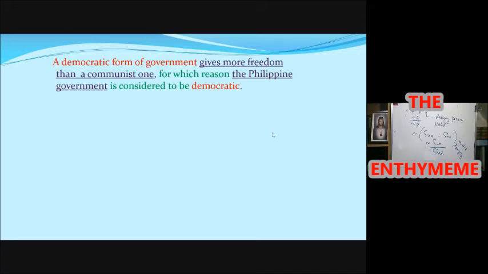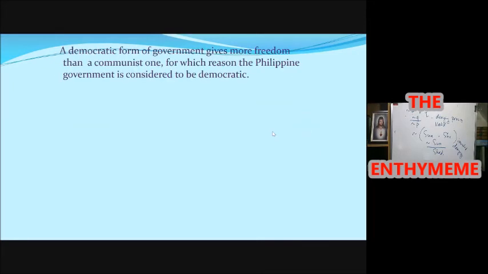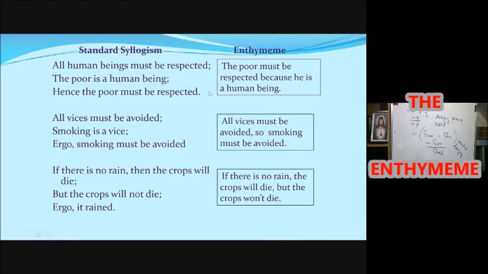We go back to this example here. So you have the standard syllogism: human beings, poor, respected, expected. Every term is mentioned twice. Even in a hypothetical syllogism: no rain, rain; crops will die, crops will not die.